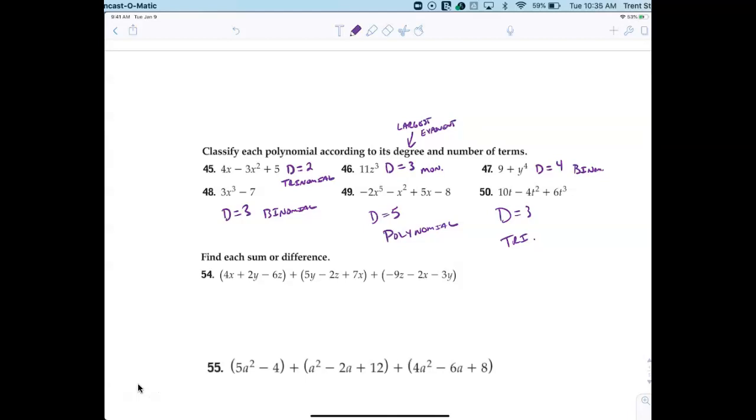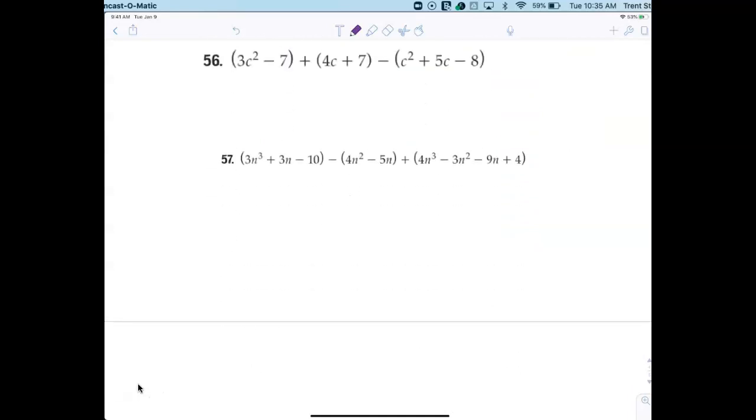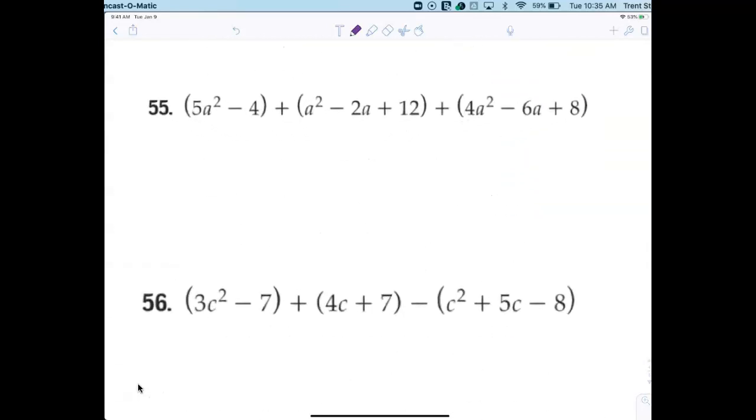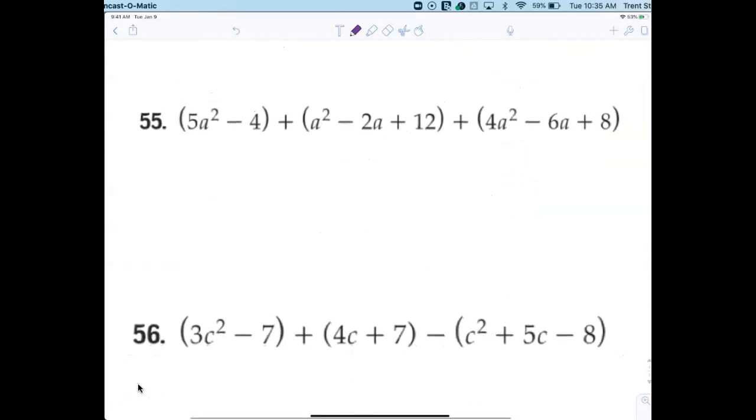All right. Now let's look at 55 and 57. All right. Now what's nice about 55? That's all what? It's all addition. So what's the largest exponent? It's the a squared, right? So let's combine a squareds. So how many here? How many here? So that gives me 6 over here. So that gives me 10a squared.